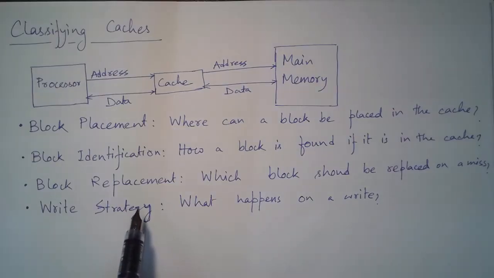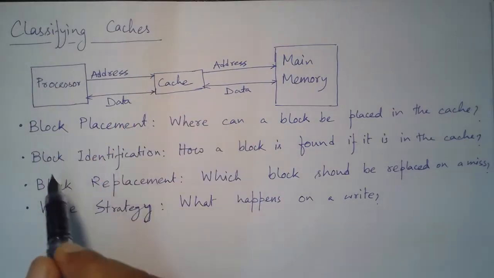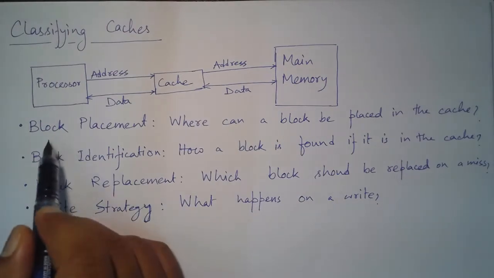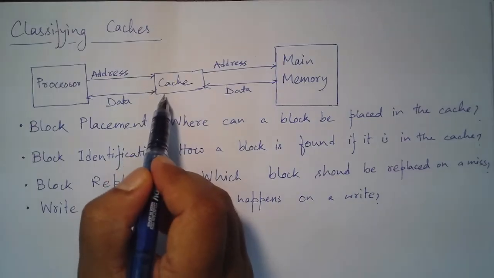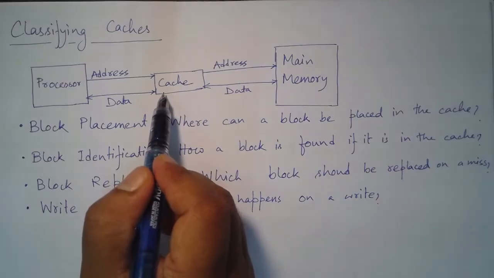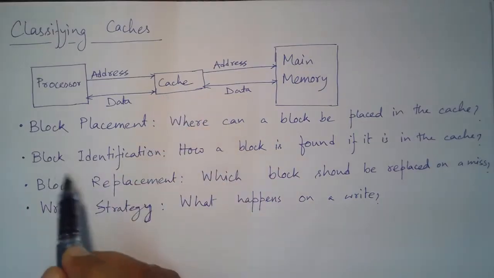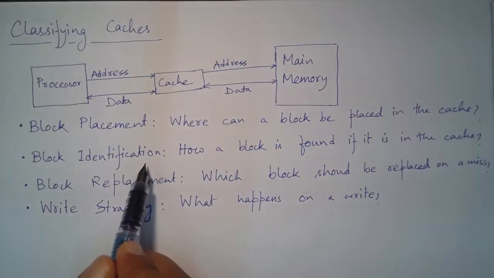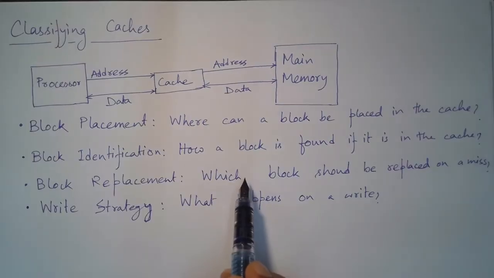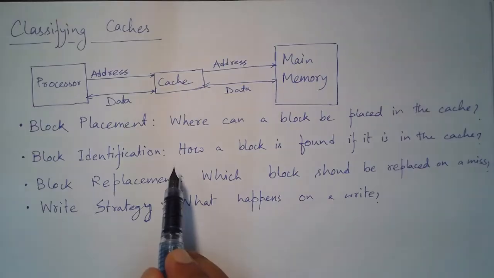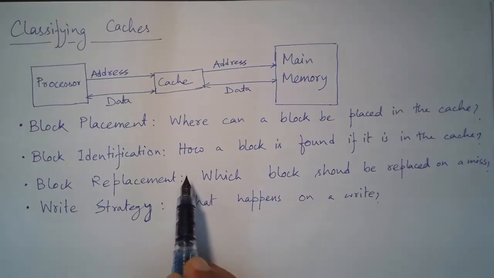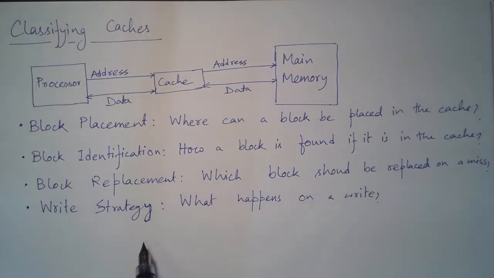So we are saying that we are trying to classify caches, and the classification of caches will be based on how the block of memory is placed in the cache. There are several ways, and based on that we can have different classifications. How do you identify the block? That can also lead to different classifications. Block replacement: whenever you need to replace a block, what is the strategy you follow? Using that we can figure out the different types of caches.